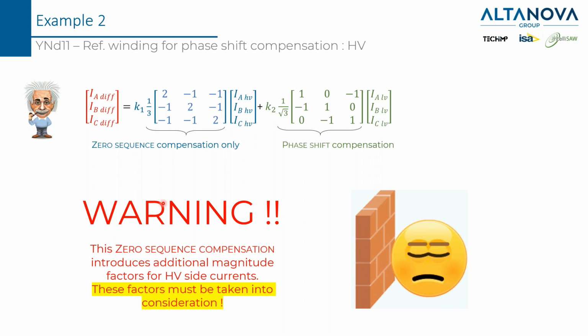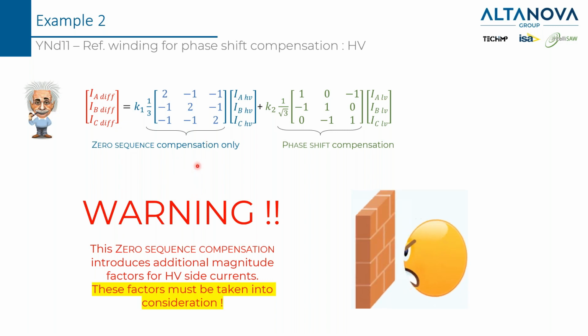But warning, if you do the zero sequence compensation, applying this matrix introduces another factor that is going to modify the amplitude of the currents, and this must be taken into account.